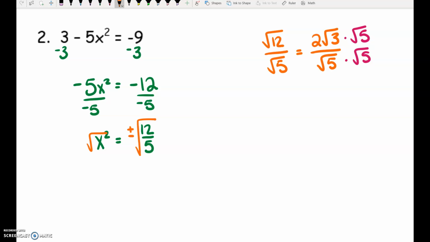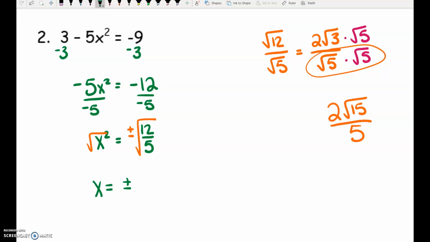On the top, we have 2 times the square root of 15. On the bottom, what is the square root of 5 times the square root of 5? Square root of 25, which is 5. So then we go back to our problem. X equals positive or negative 2 times the square root of 15 over 5.